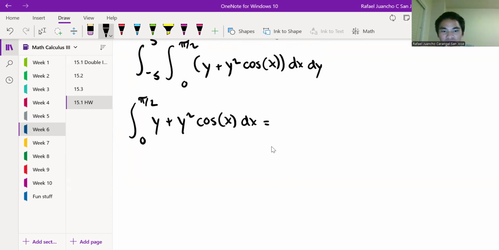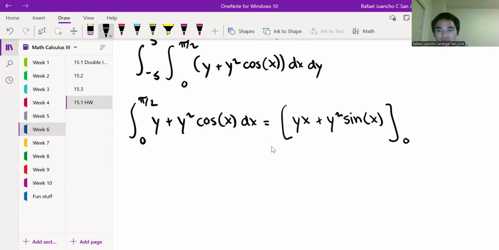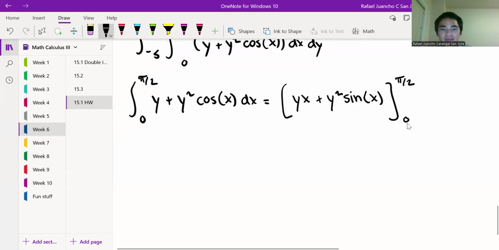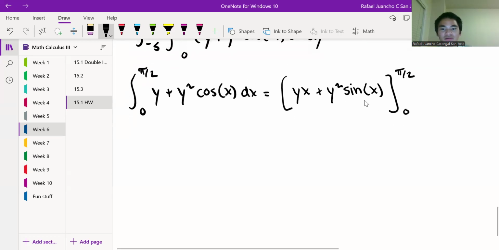Well, here my y's are numbers. So I'm going to immediately integrate. So this is yx, y squared, that's a number, cosine x, we take its antiderivative, that's sine x. And there we have it. Now we plug in x to here.